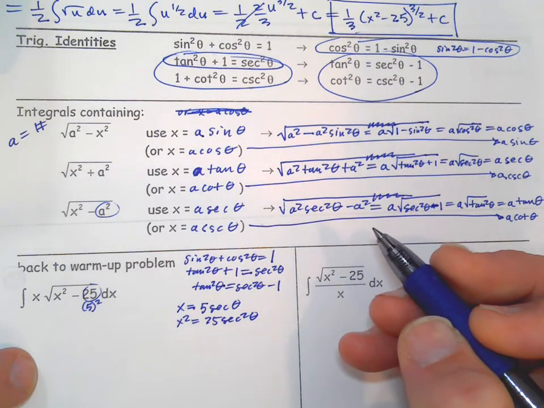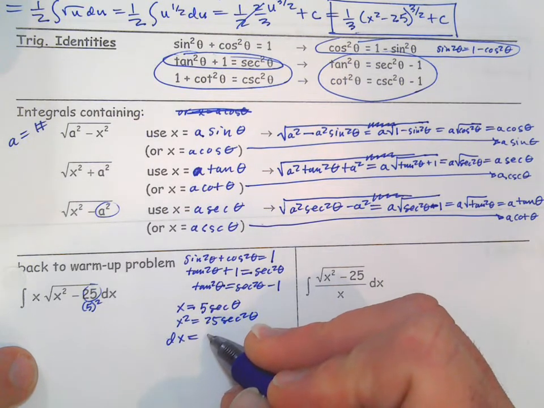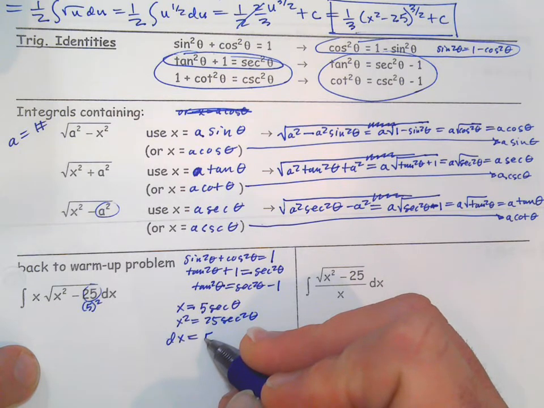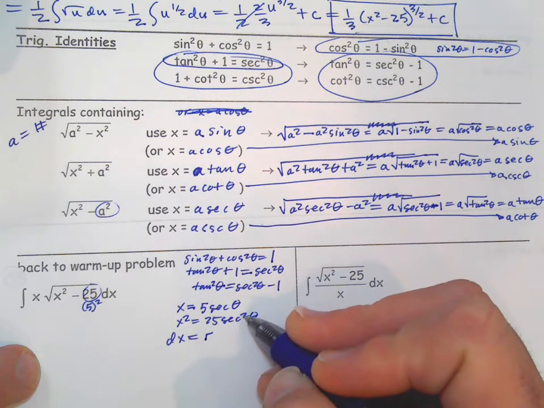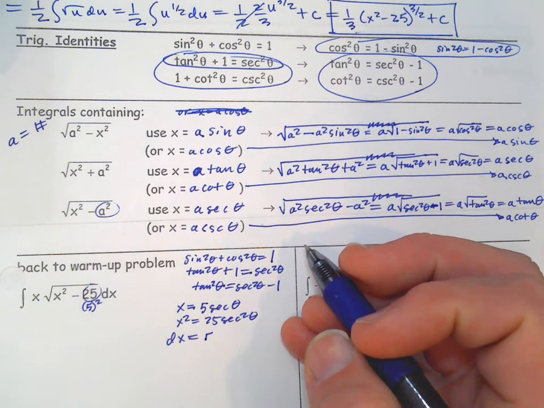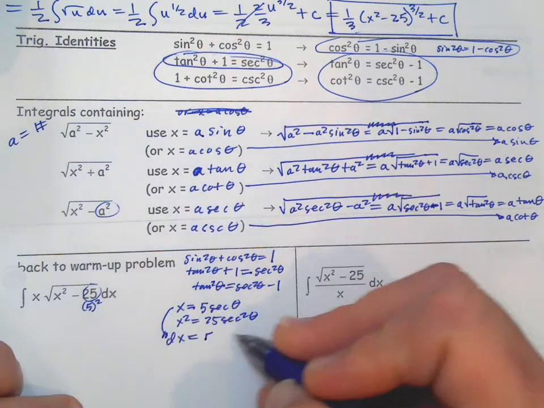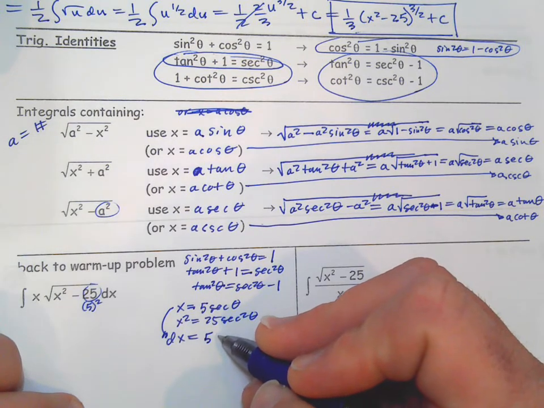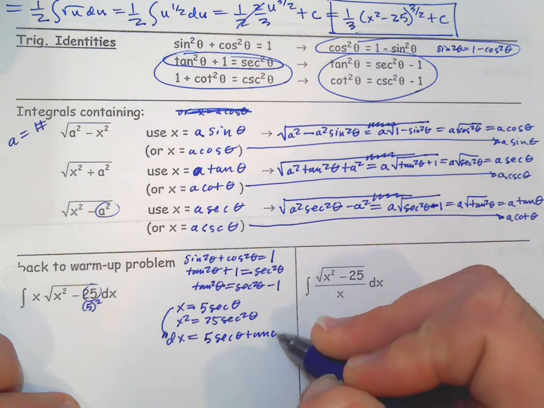And just like substitution, I got to take the derivative of this. dx comes from this up here, so it's going to be 5. The derivative of secant is secant tan.